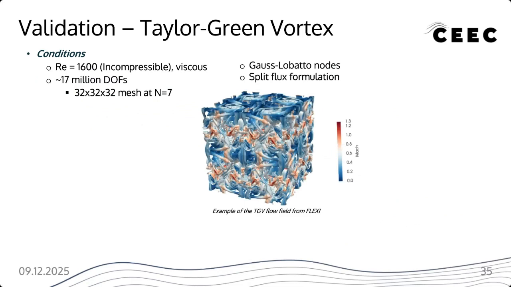So just to go through some results, for any non-CFD people here, a Taylor-Green vortex is a canonical validation problem in turbulent CFD. There's the problem conditions for this problem here, and an example of what the flow field might look like. This image is actually generated with FLEXI, but it would look the same in GALÆXI.